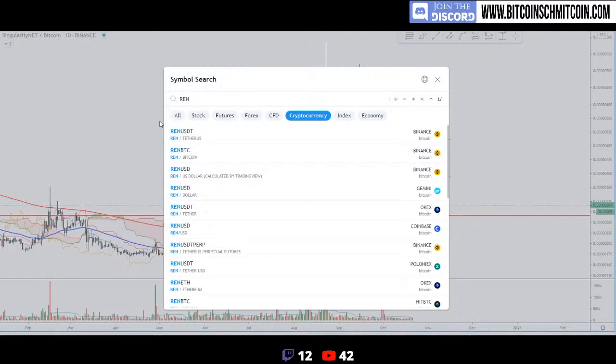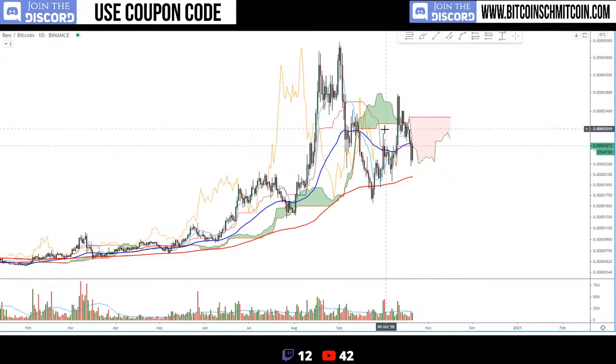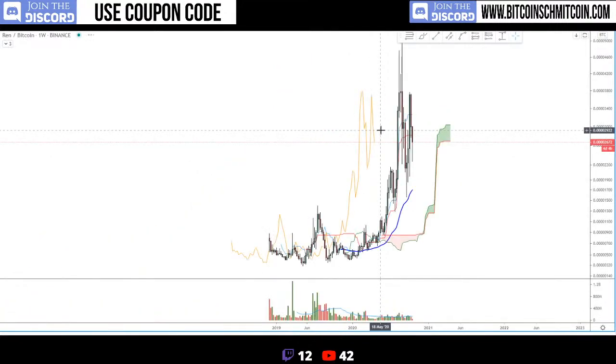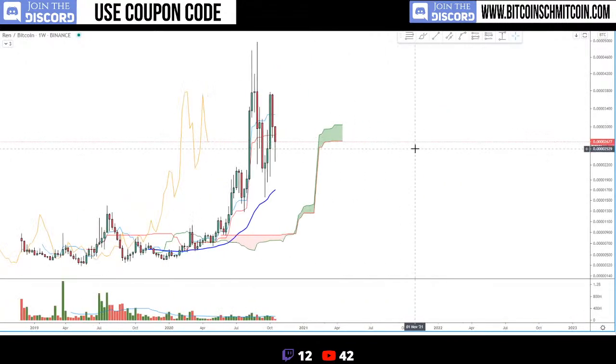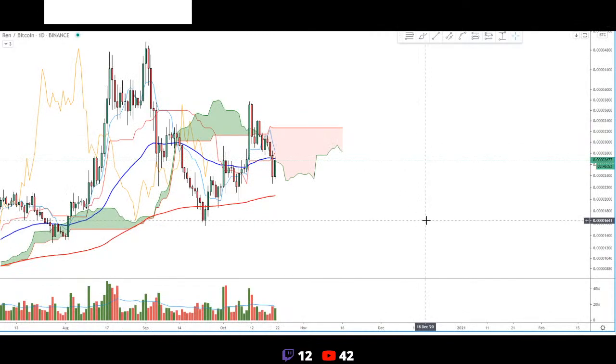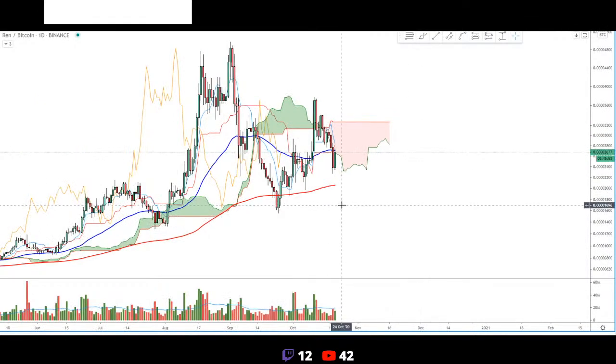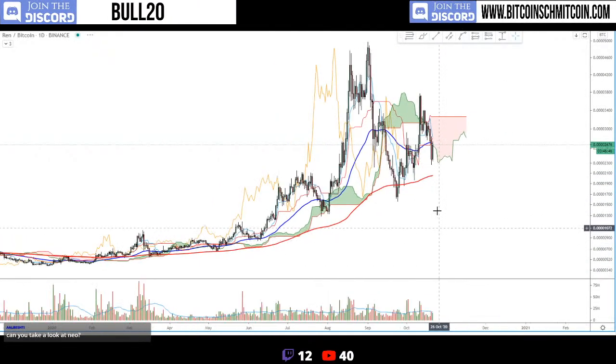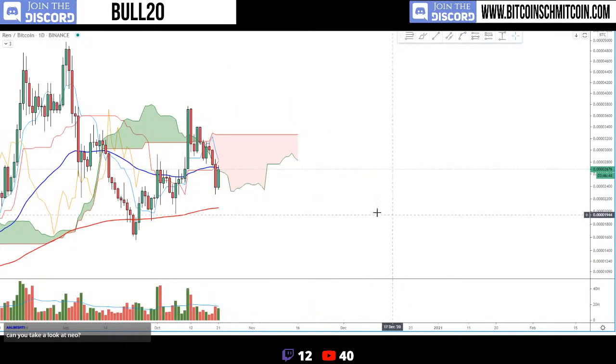Ren, BTC on Binance. Let me see. Ren doesn't look too bad. It's got a nice bounce off the 200 EMA.